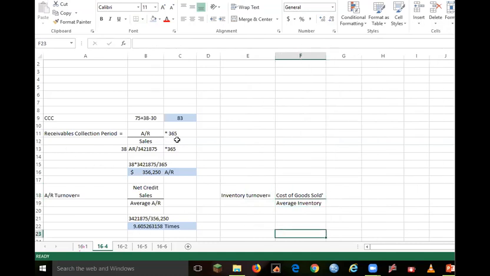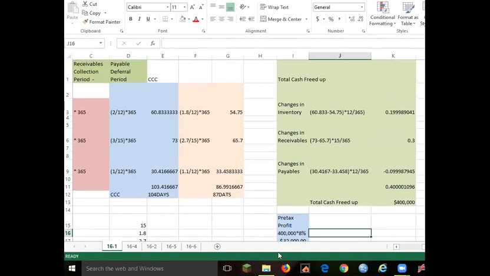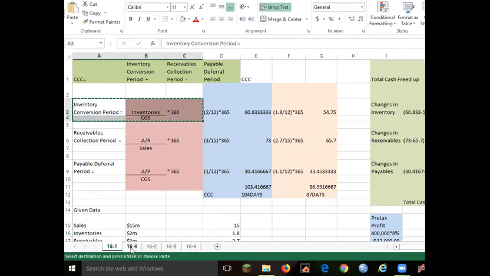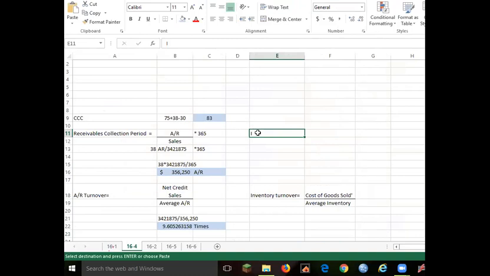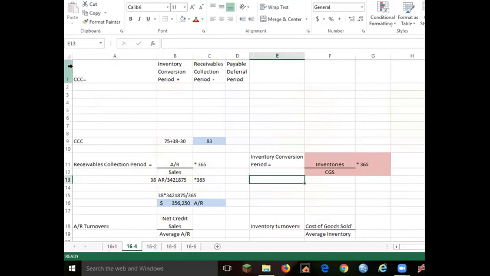So first you will have to calculate inventory through the inventory conversion period. We have the formula of inventory conversion period from the previous example. Okay, so this is the formula of inventory conversion period. We have 75 days.